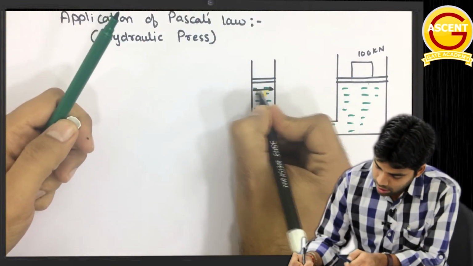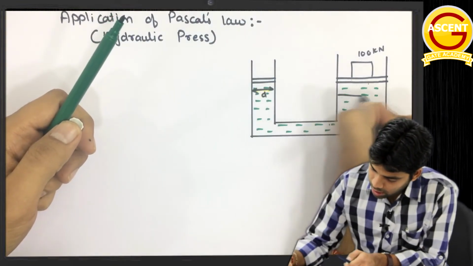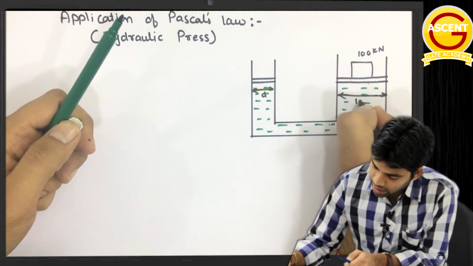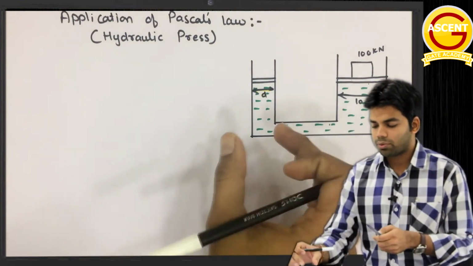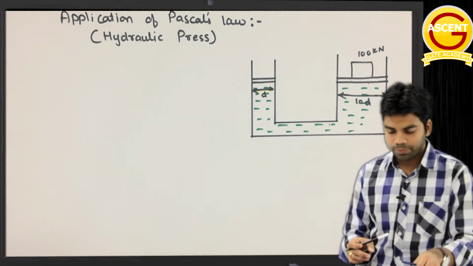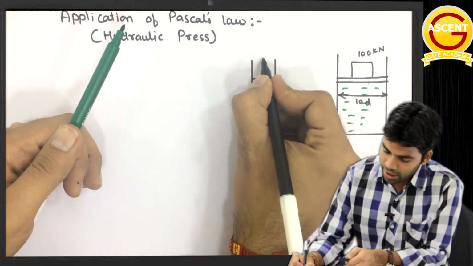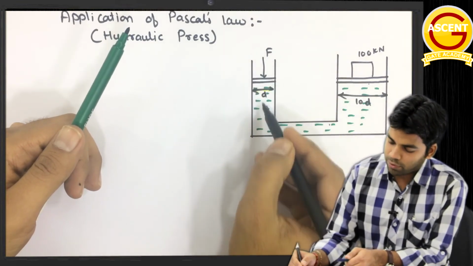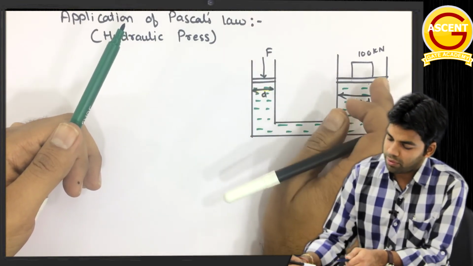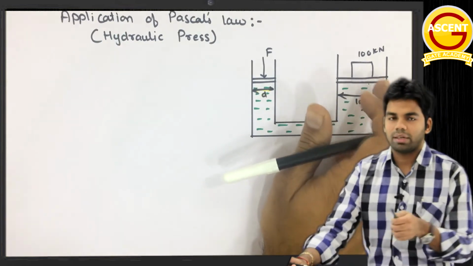The diameter here is d, and here the diameter is 10 times d. Why we are taking this as a multiple of this diameter, you will understand soon. And here we have to apply the force F, and by application of this force F, we have to lift this weight of 100 kilonewton.